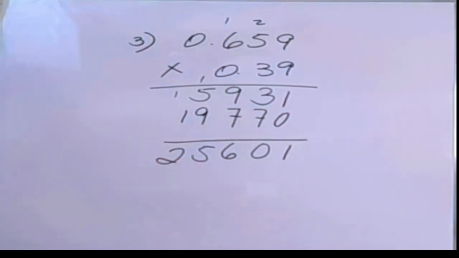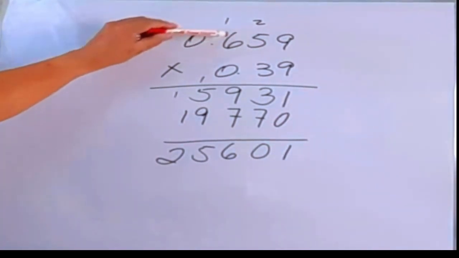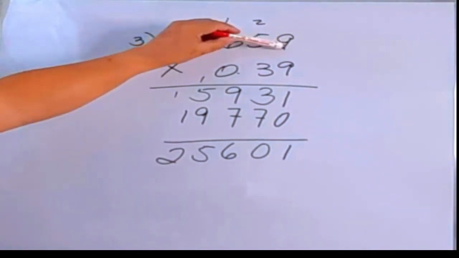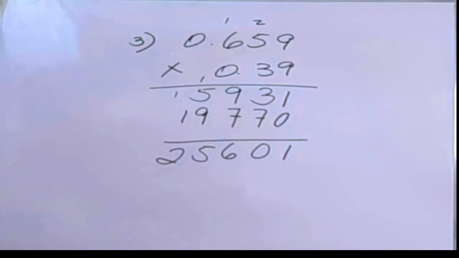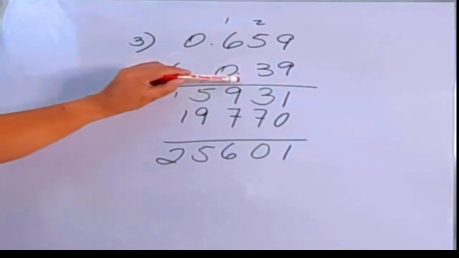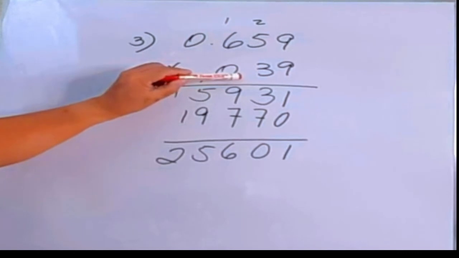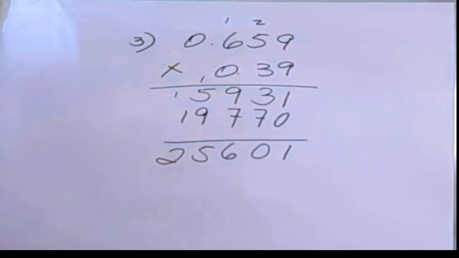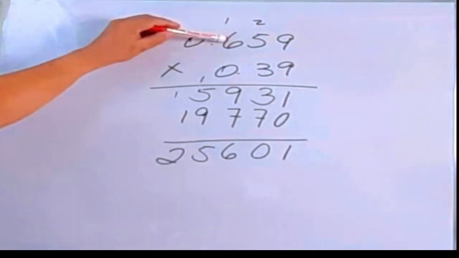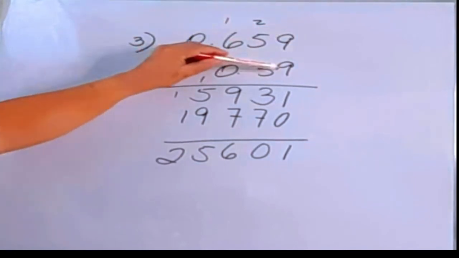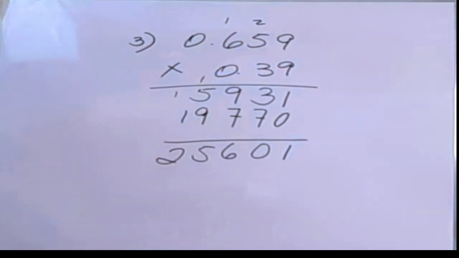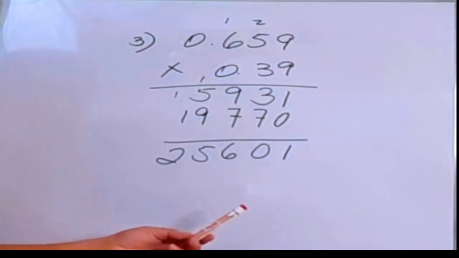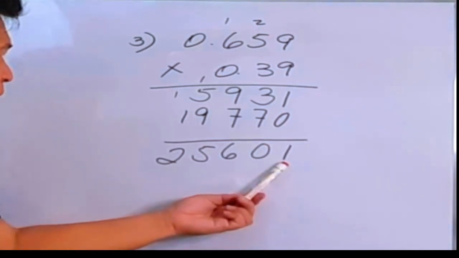Now, where are we going to put our decimal point? In your first number, you have 3 digits after the decimal point. And in your second number, you have 2 after the decimal point. That makes a total of 5. So 1, 2, 3, 4, 5. So we are going to bring your decimal point 5 counts after your 1.